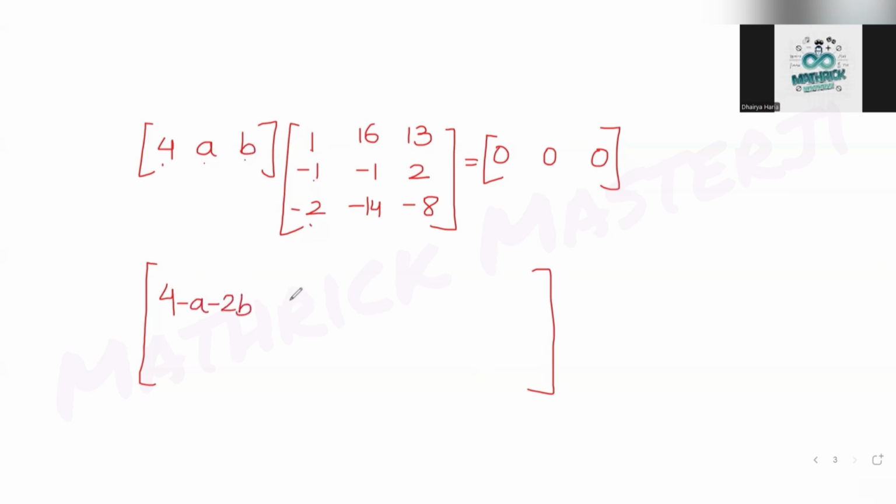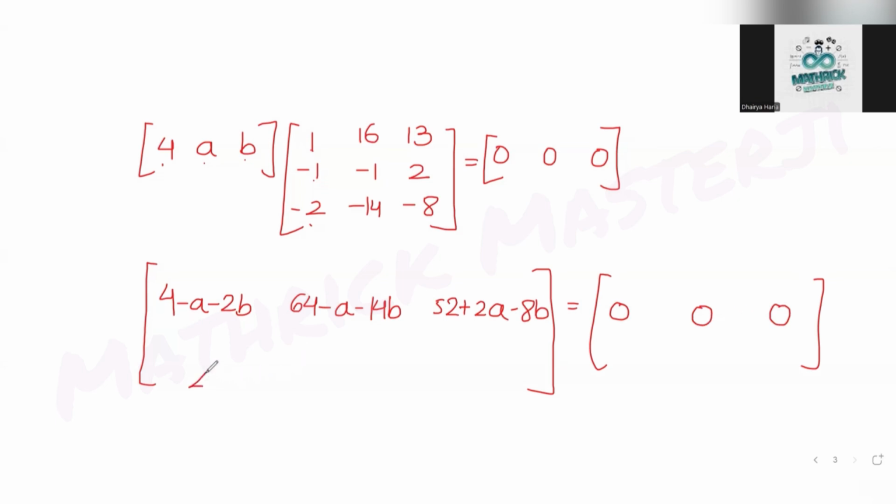This is 1. Second, 4 times 16, 64, minus 1 times a, so minus a, minus 14 times b, so minus 14b. And the third gives me 13 times 4, 52, plus 2 times a, 2a, minus 8b. This is 0, 0, 0.